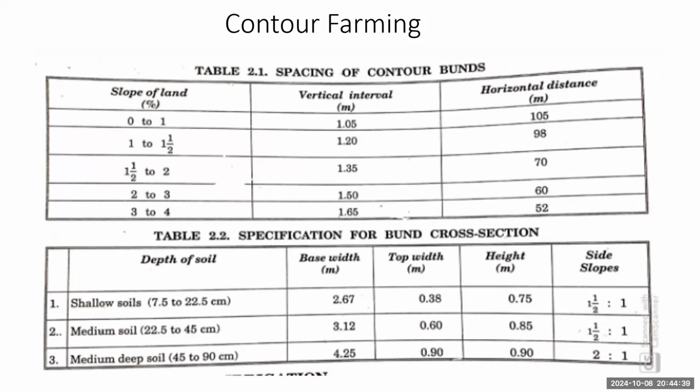If we see this first table, based on the slope of the land, it decides the vertical interval between two contour terraces and the horizontal interval between two contour bunds.